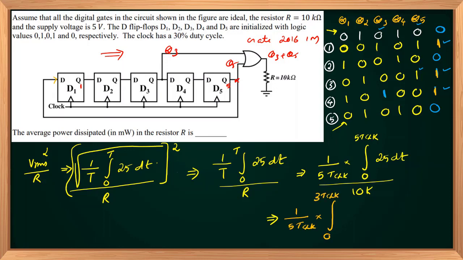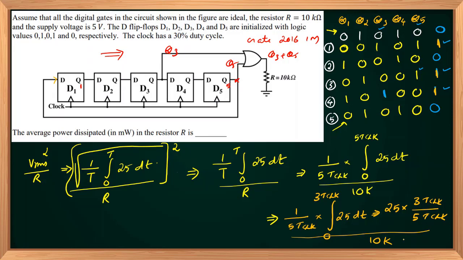The waveforms for the first, third and fourth clock periods are identical, so you can integrate from 0 to 3 T clock, or integrate from 0 to T clock and multiply by 3. Both are correct. So that gives 25 multiplied by 3 T clock upon 5 T clock, and I should not forget the 10k resistance.